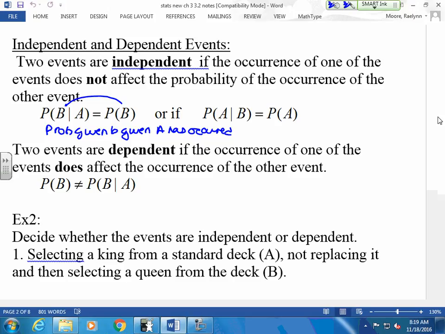Such as pulling a king after you pulled a queen. If I replace that queen, pulling a king is still 4 out of 52, which would normally be my pulling a king, right? So we rewrite it like this.